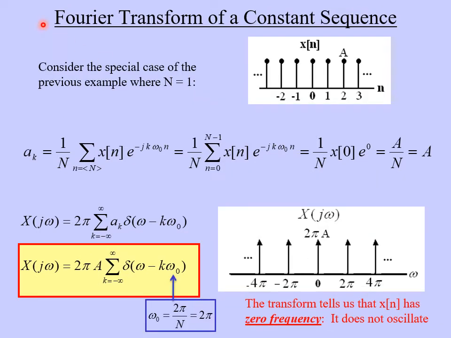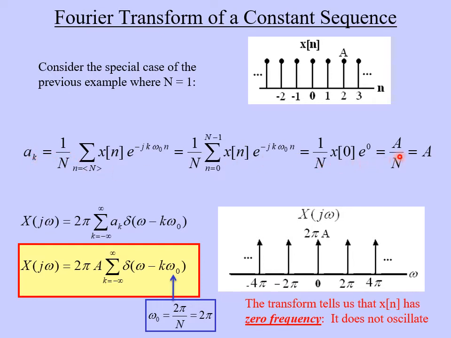We can do a slight modification of our previous results. So if we take the previous result and let n equal 1, then what we end up with is the following sequence. It's just a constant value. And let's let the value equal some number, a here. Okay, so a could be equal to 5, for example. So from our previous slide, remember all the Fourier coefficients were equal to 1 over n.